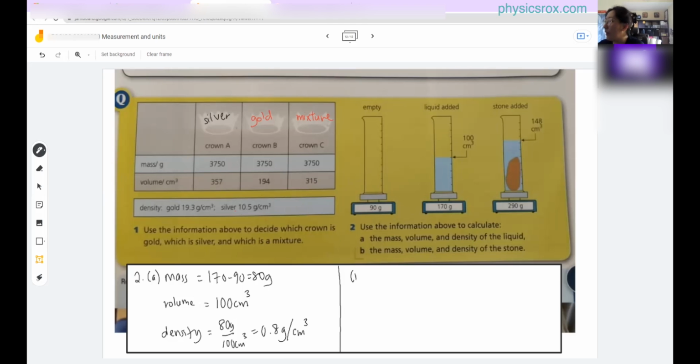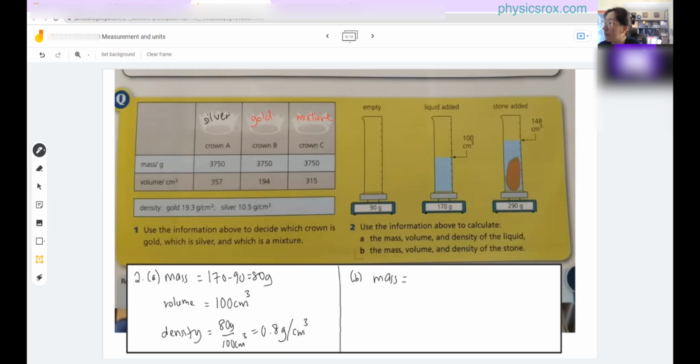How about 2B? Now it's of the stone. What is the mass of the stone? 210 grams.